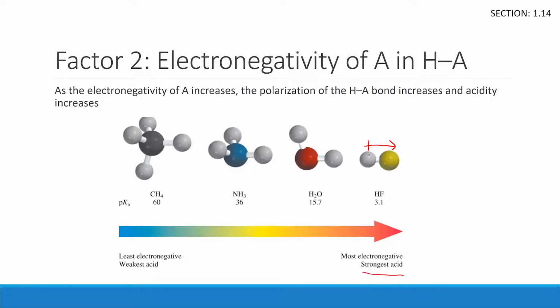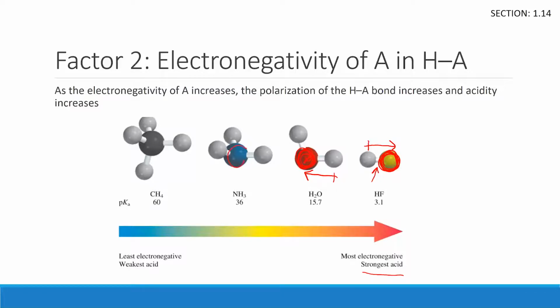This is because it's another way to weaken this bond, right? We're moving electron density to the electronegative neighbor. In this case, for water, it'd be moving to the oxygen. Here's the more electronegative atom.